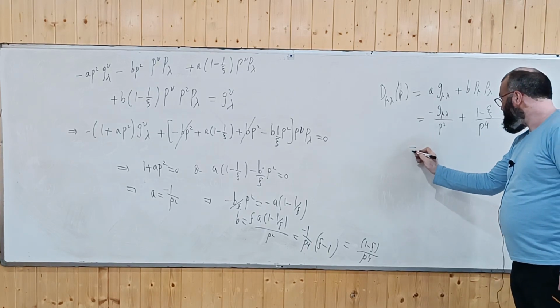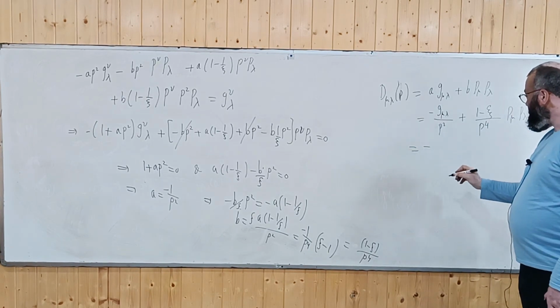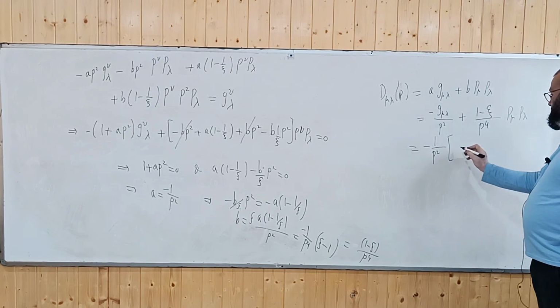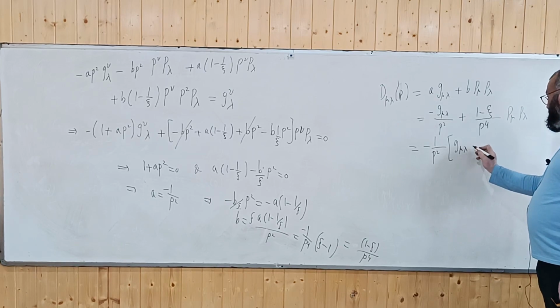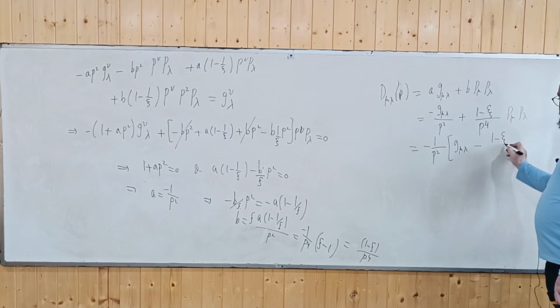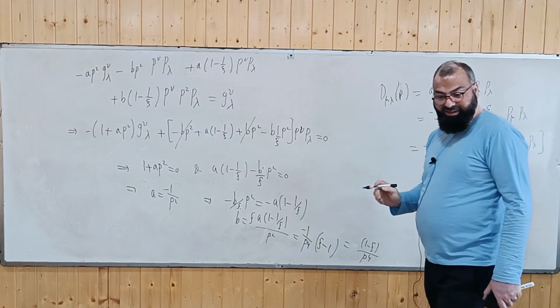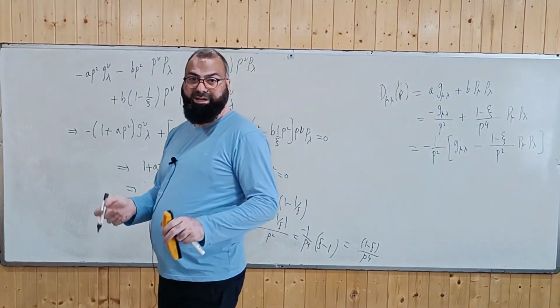You can take it like this and take minus 1 by p square out. So the first term is g mu lambda, minus 1 minus zeta by p square, p mu p lambda. So now we are able to figure out the propagator.